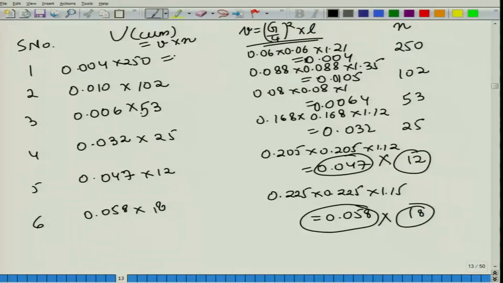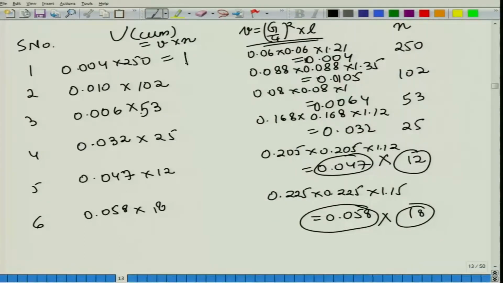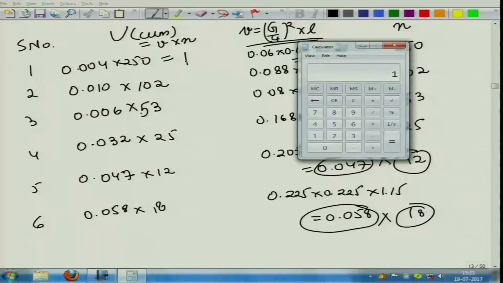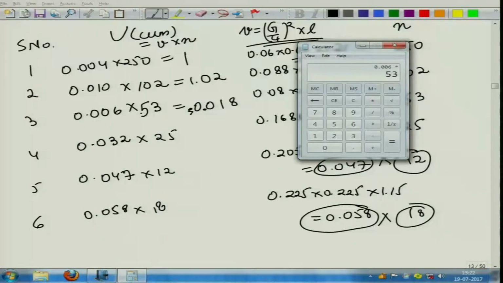So, we have 0.004 into 250 is 1, then we have 0.01 multiplied by 102, that is 1.02, then 6 3s are 18, so 0.006 into 53, which is 0.318.